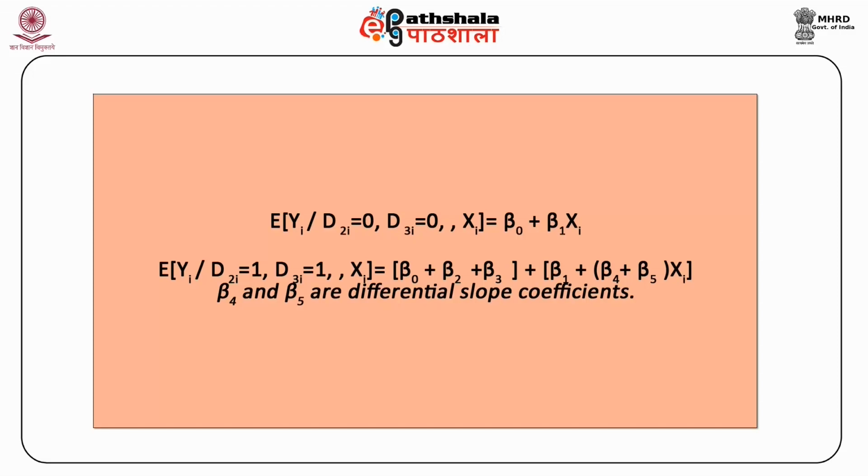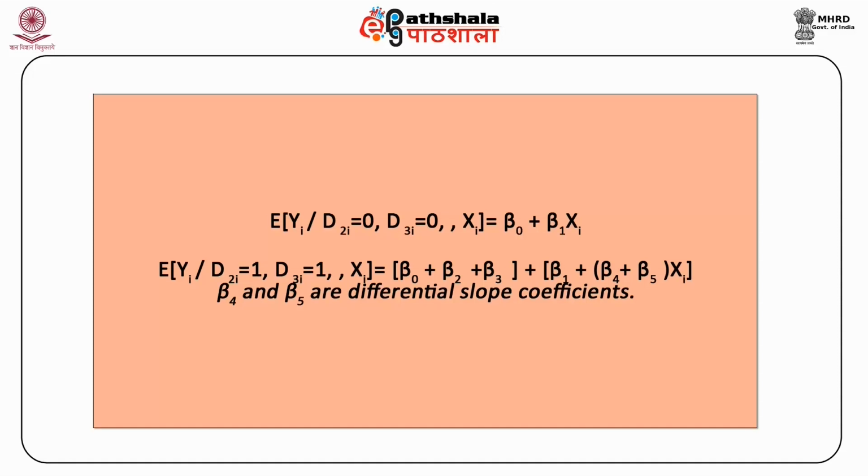Similarly, when we take the conditional expectation of the above equation for dummy variable d2i equal to 1 and d3i equal to 1, we get expected value of yi given d2i equal to 1, d3i equal to 1, keeping xi constant, equal to beta 0 plus beta 2 plus beta 3 plus beta 1 plus beta 4 plus beta 5 into xi.